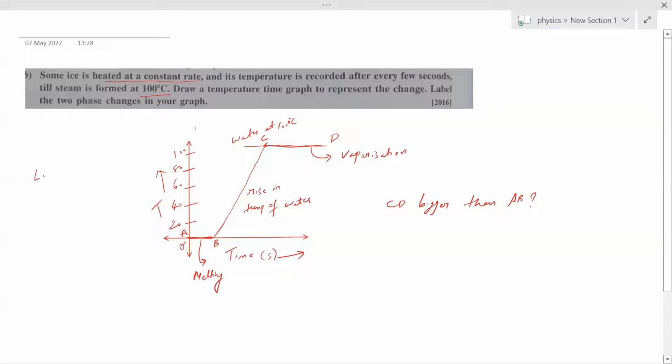What is the latent heat of fusion of ice? What is the value? 336. Unit? Joule per gram. And what about latent heat of vaporization? 2.1. In the previous question only we did, na?